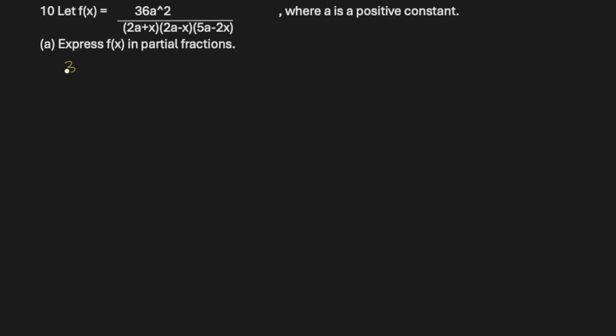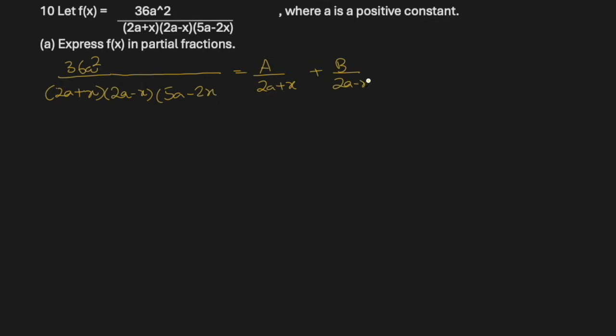First let's assume that 36a squared over (2a plus x)(2a minus x)(5a minus 2x), which is the question, is equal to A divided by the first fraction here, which is 2a plus x, plus B over 2a minus x, the second fraction, plus C over 5a minus 2x. All are linear, so no problem.